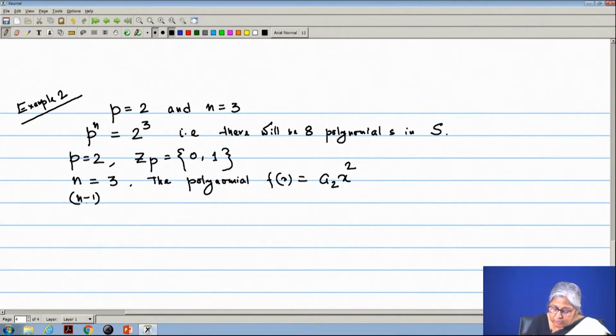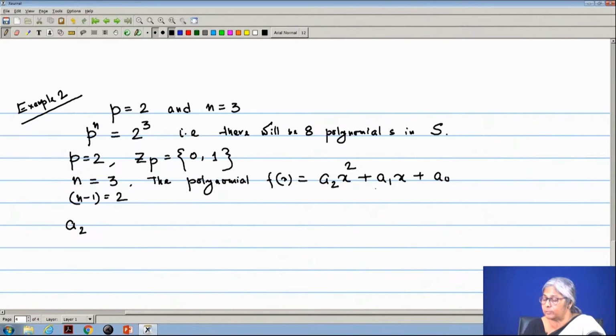So, n minus 1 equal to 2 should be my maximum degree of the polynomial, then a1 x plus a0. So, this time there will be 3 coefficients.